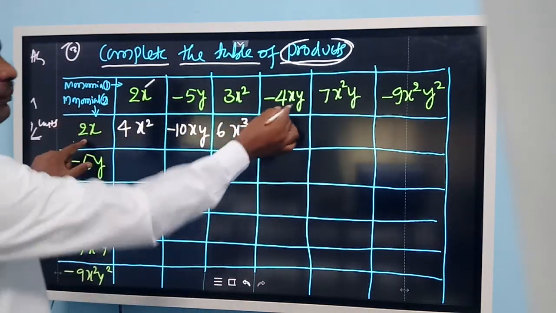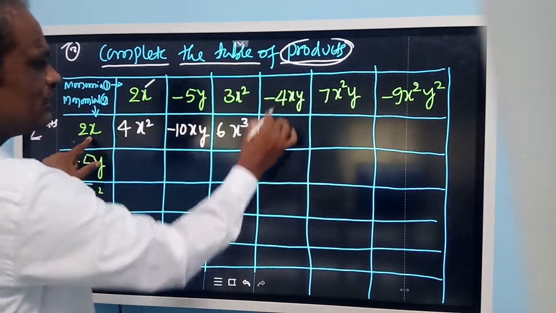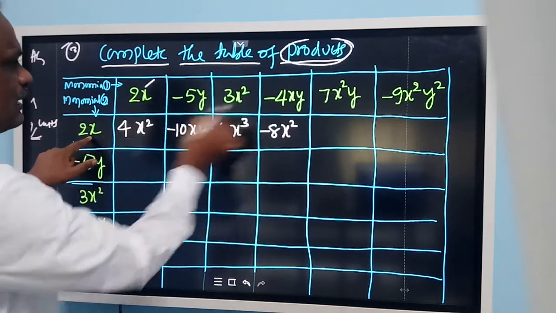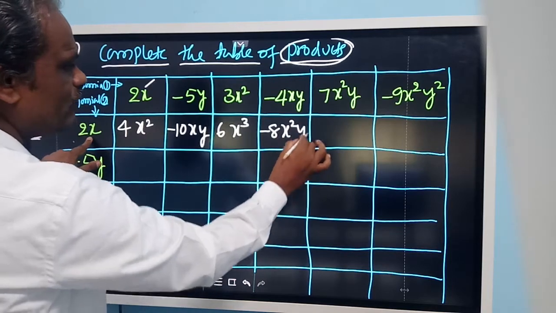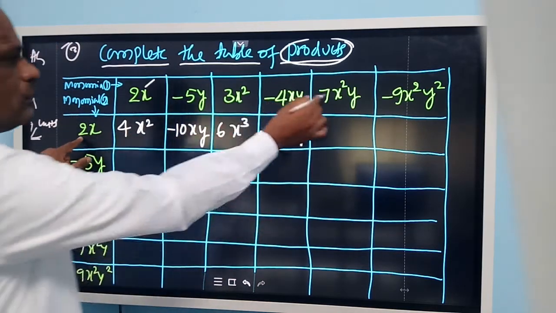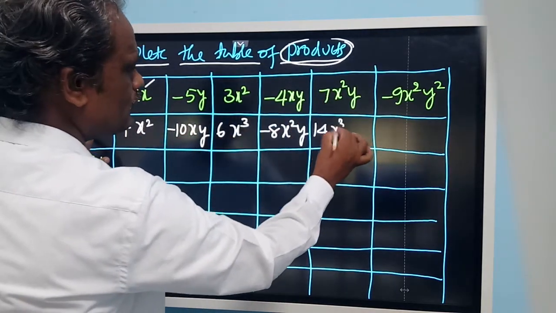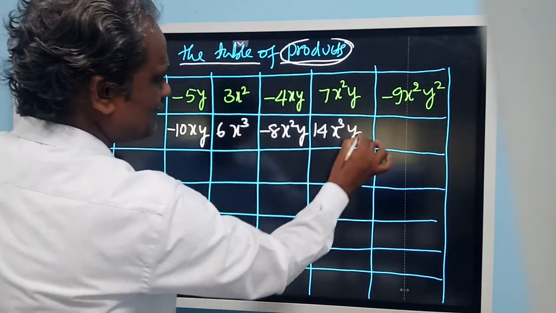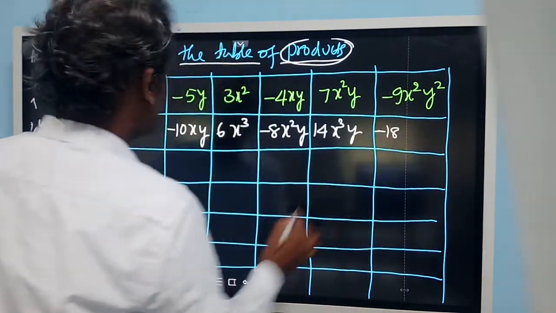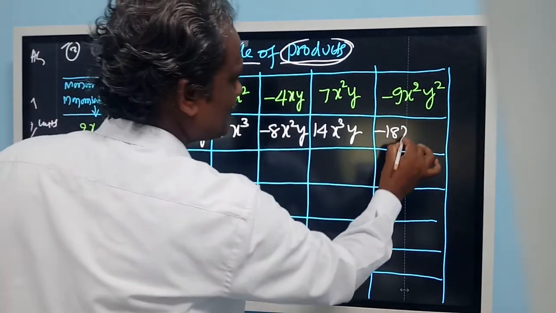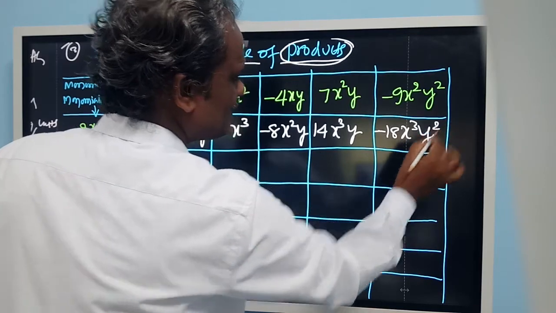Now 2x into minus 4xy. 2 4s are 8, minus 8, x into x square, x into y, then x into x square and y alone, you can write y as it is. Now 2 7s are 14. So now x into x square, it is x cube. So y alone, just you write y as it is. Next one. 2 9s are 18, minus 18. So now x into x square, it is x cube. So then y square, it is alone. You can write as it is, y square.